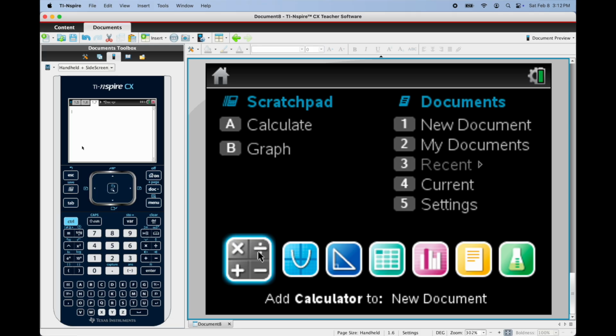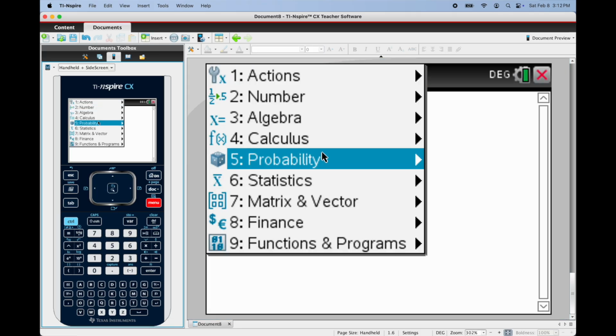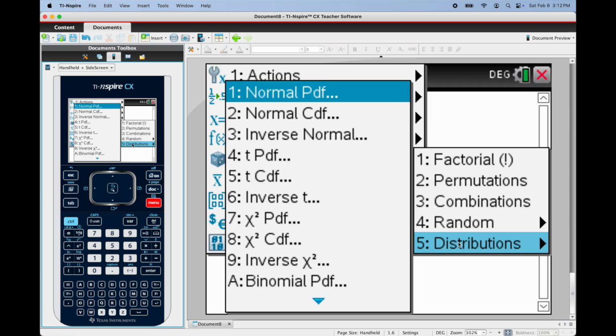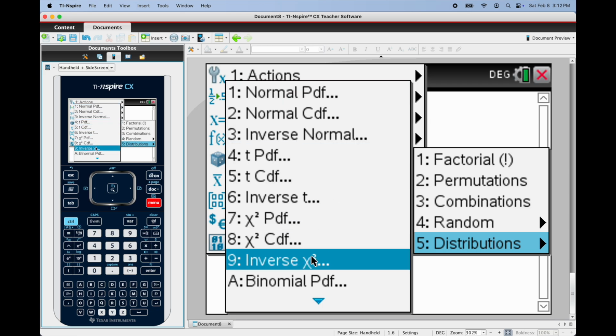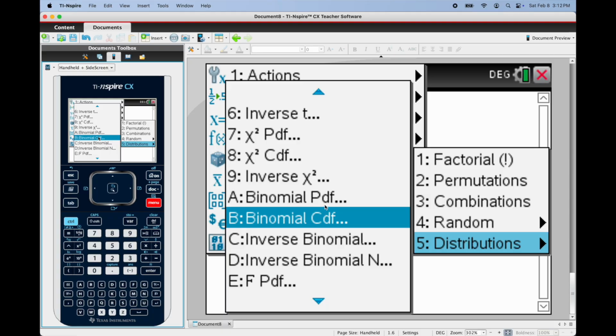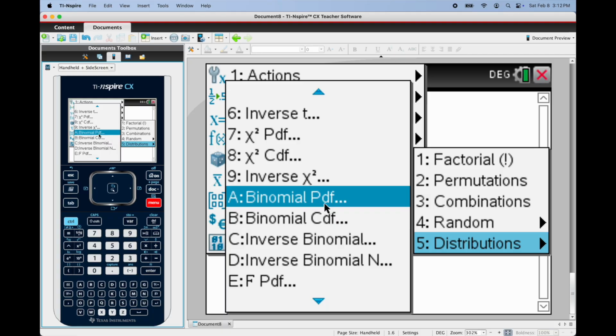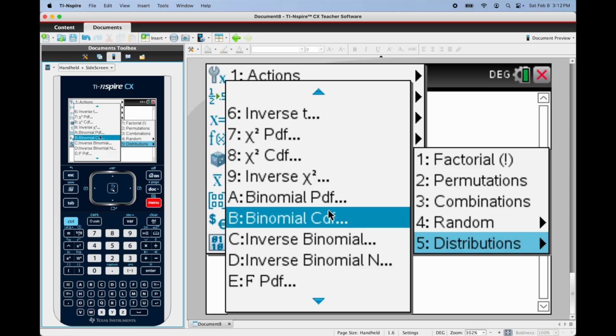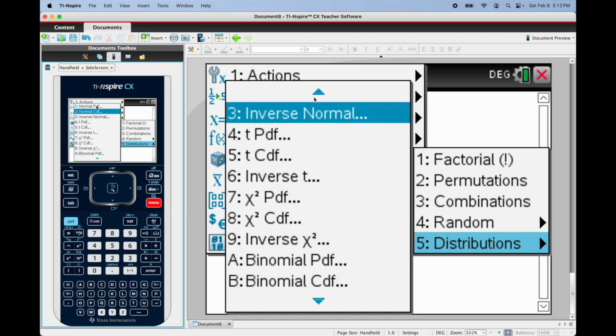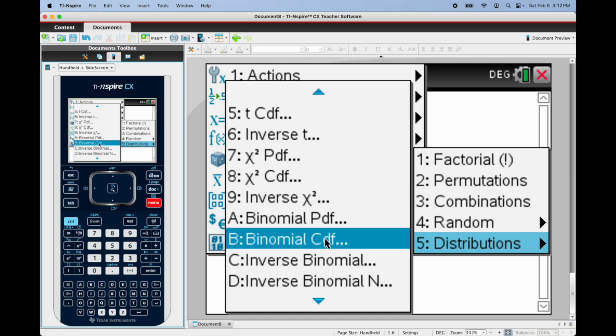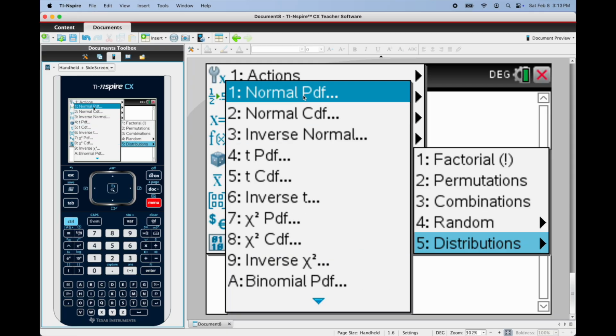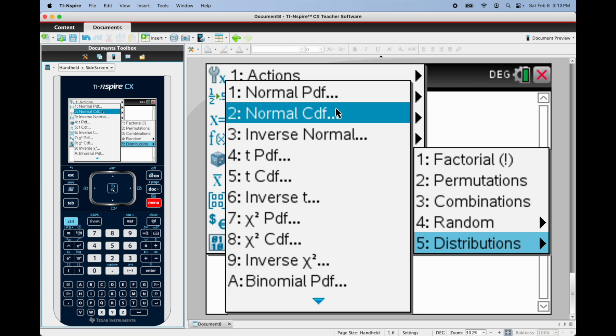So here we are. Let's go into the calculator screen, menu, probability. In this case, we're dealing with a binomial distribution, and we can either use binomial PDF or CDF. PDF is just if we want to know if 1 is flawed, 2 are flawed, 3 are flawed. CDF is if we want to know whether between 1 and 3, or 5 or more are flawed. You can always use CDF, and I hope this isn't too much of a tangent, but I prefer CDF always because normal PDF and normal CDF work in a different way.